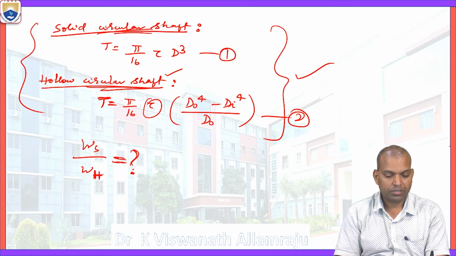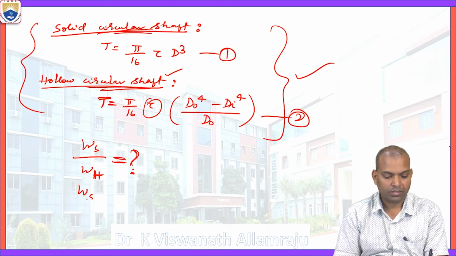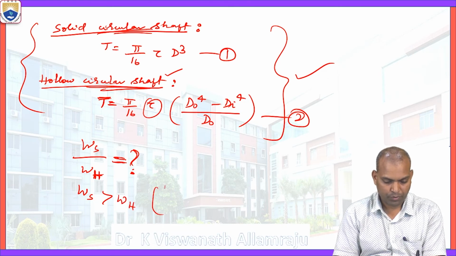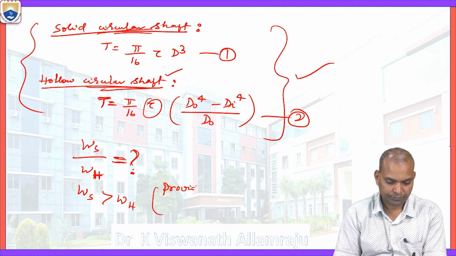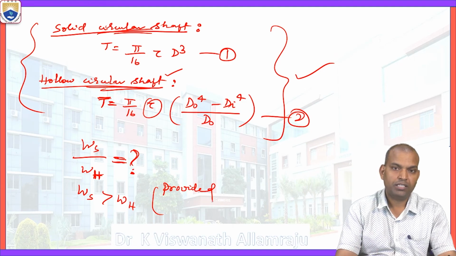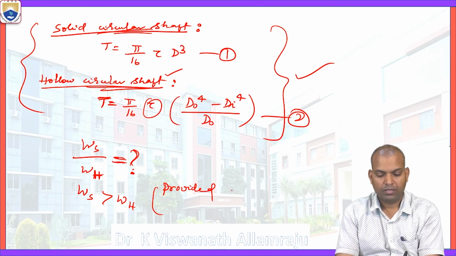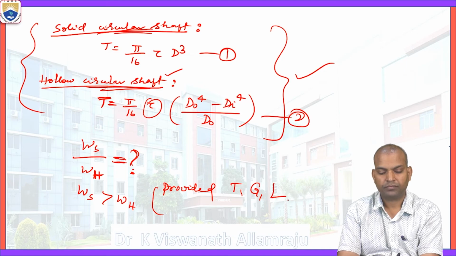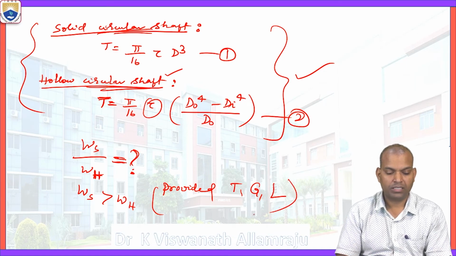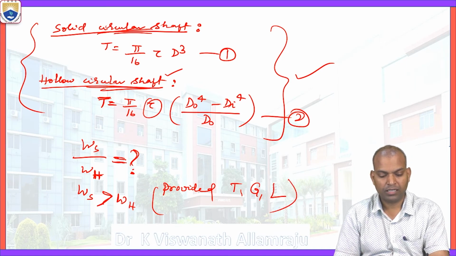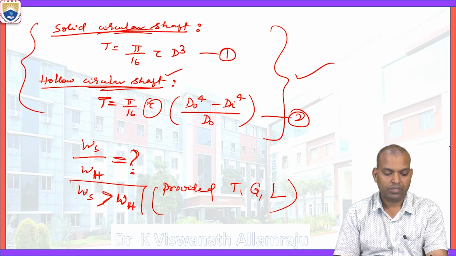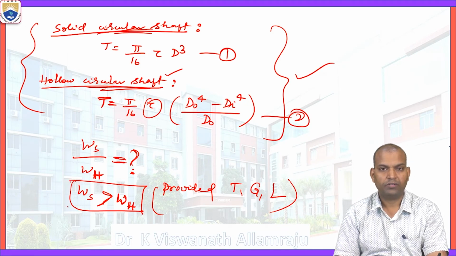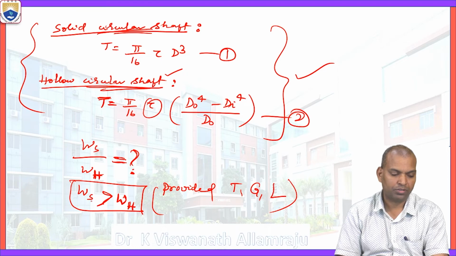The weight of a solid circular shaft is always greater than that of a hollow one, provided the same torque, same material, meaning the same modulus of rigidity, and same length. For that case WS is greater than WH.